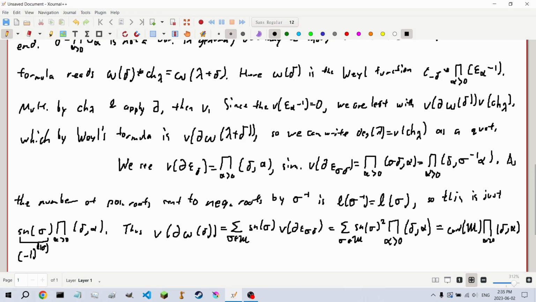Because the sign squared is always going to be 1, this term on the left is just going to count the number of elements in the Weyl group, essentially.